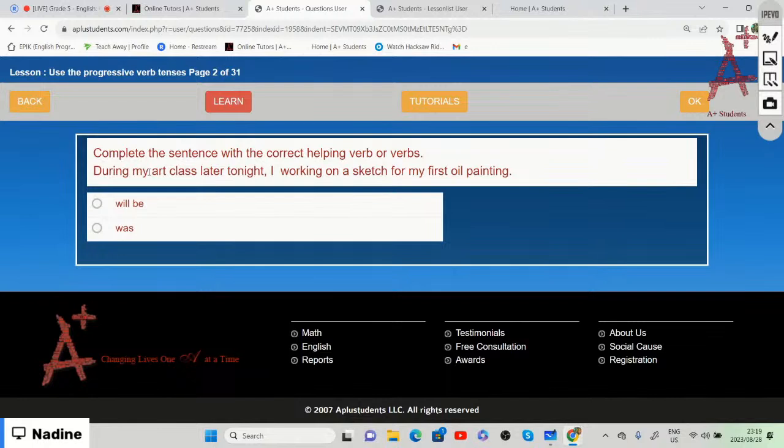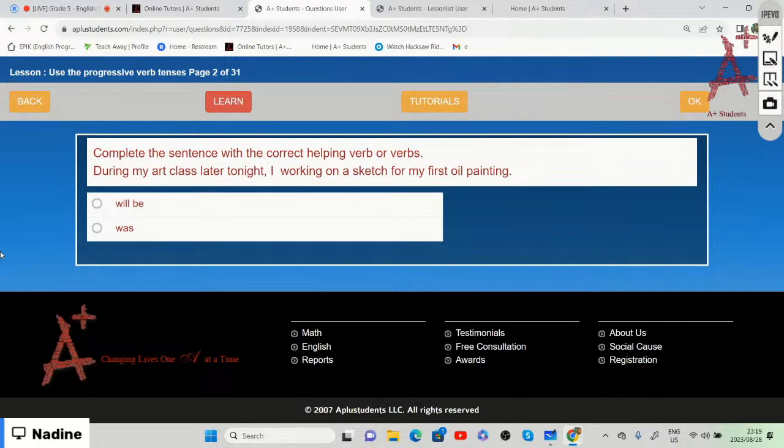All right, so during my art class later tonight, is it I will be or I was working on a sketch for my first oil painting?